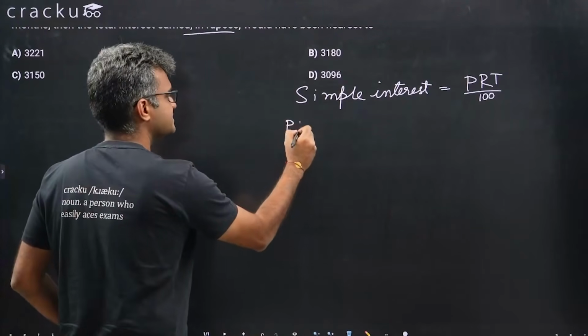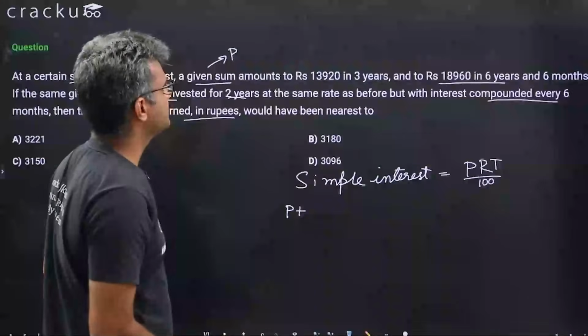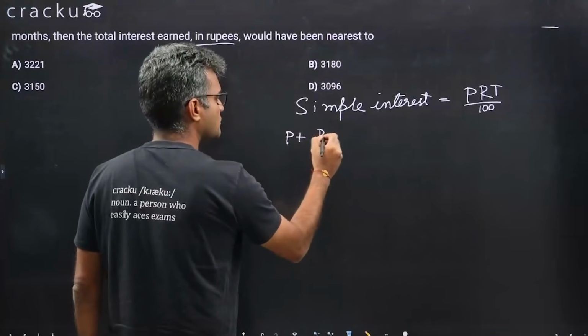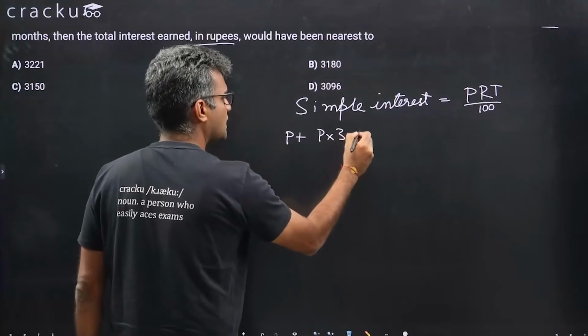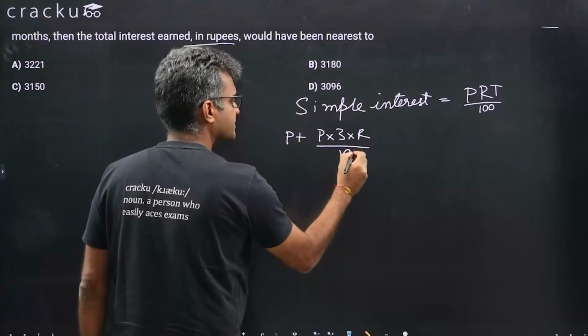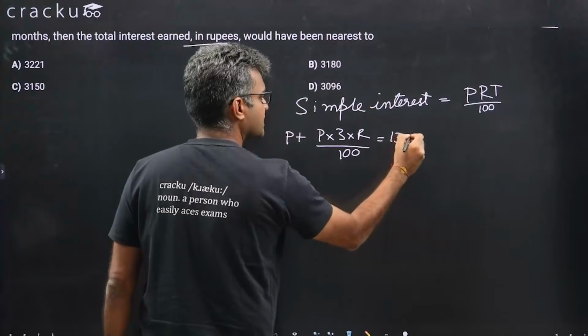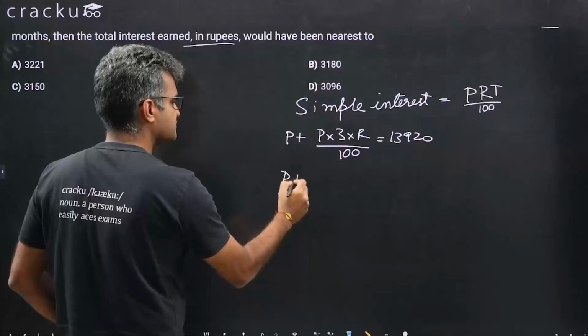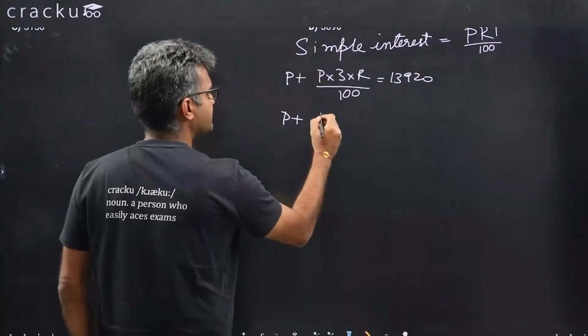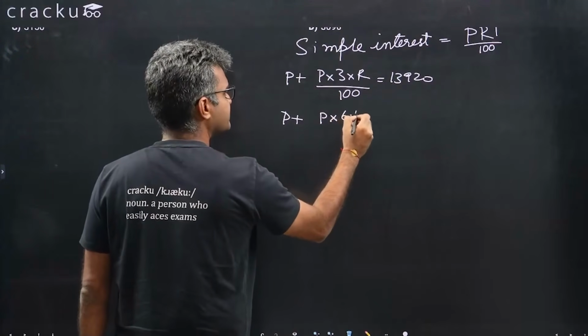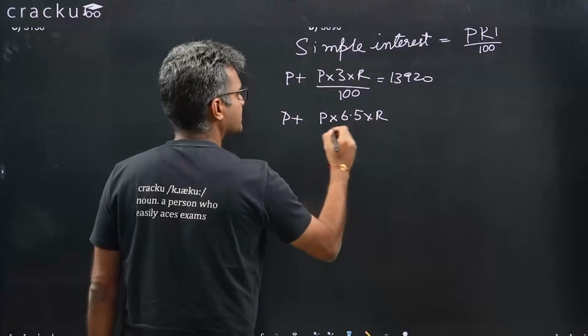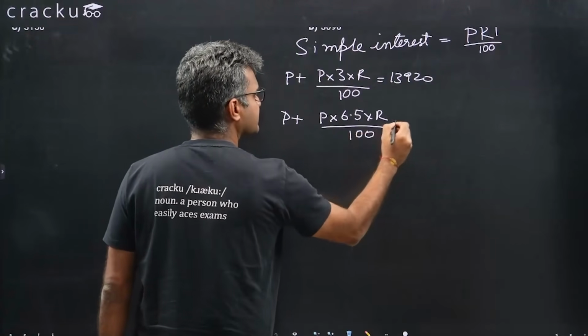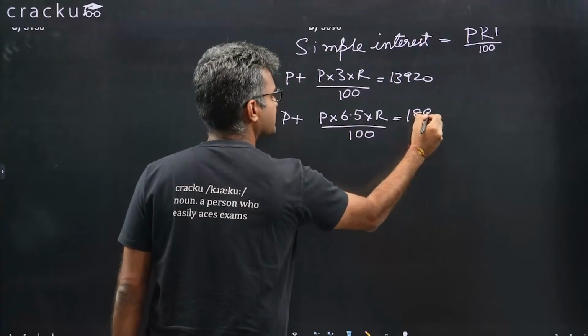So P plus, initially it was for 3 years, so P into 3 into R by 100 is 13,920. Next, it is for 6.5 years. So P plus P into 6.5 years into R divided by 100 is given as 18,960.